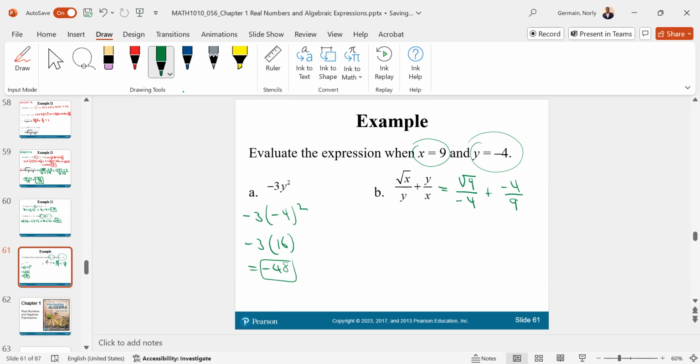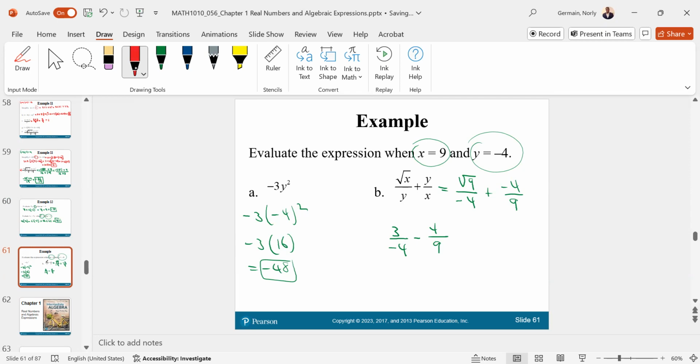Square root of 9 gives you 3 over negative 4. One negative, one positive gives you negative 4 over 9. It's addition or subtraction. You must find the least common multiple. What number divides 4 and 9 at the same time? Think.